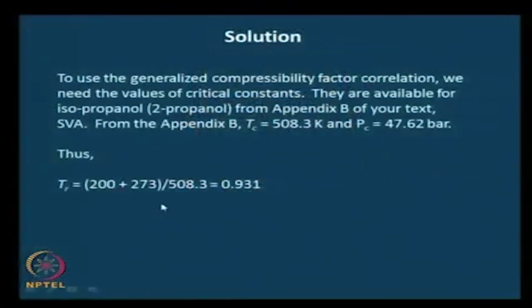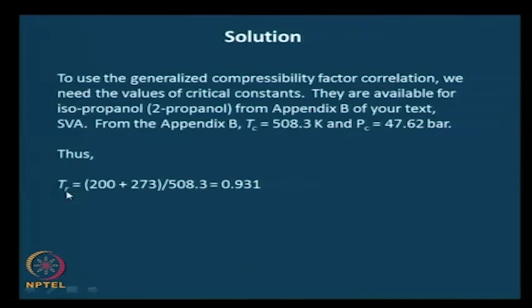Therefore, the reduced temperature, this is essentially why we were looking at the critical constants, so that we could calculate the reduced temperatures, and therefore we could use the generalized correlations. For the reduced temperature, you need the temperature in Kelvin, therefore you add 273 to the temperature given in degrees C. The 200 was given in the earlier example 3.1, so 200 plus 273 to get it in Kelvin, and the critical temperature is 508.3.